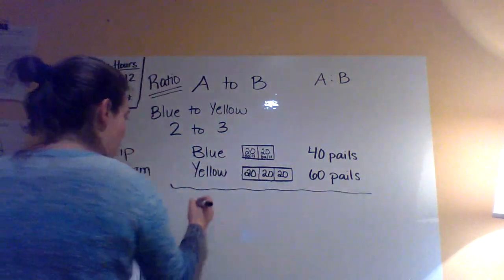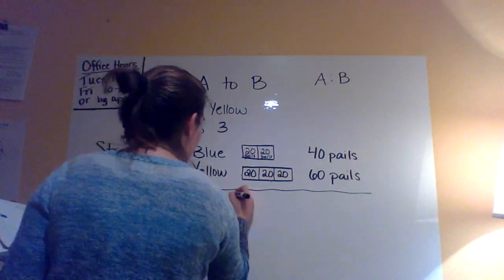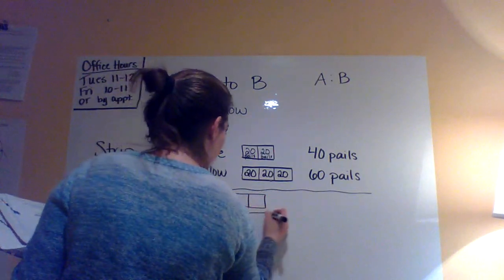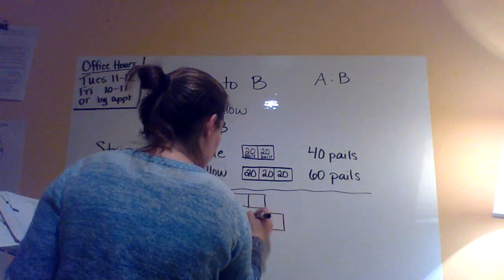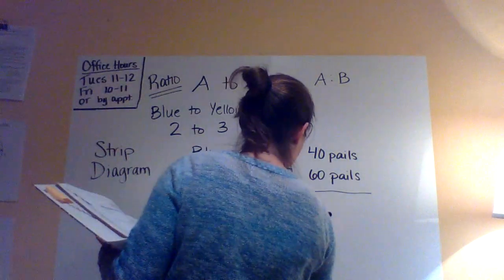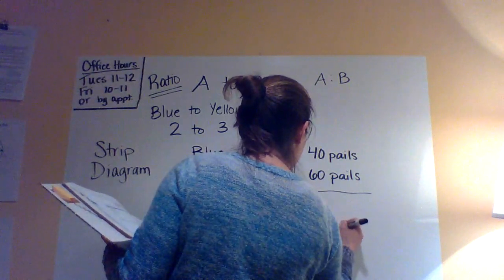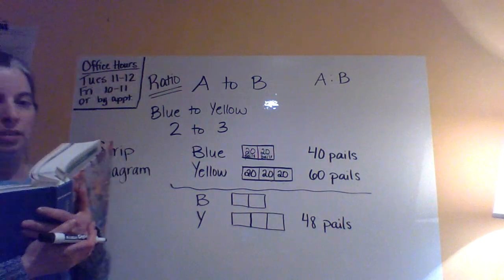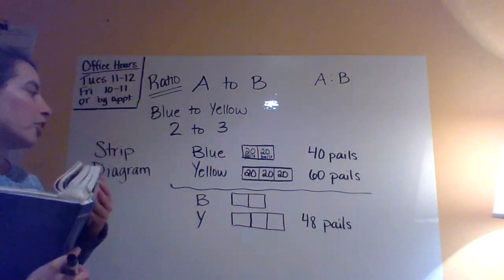Okay, next one. What if, so I'm going to have the same ratio, blue to yellow, 2 to 3. This time now I know that I'm using 48 pails of yellow paint. Okay. I want to figure out how much blue.